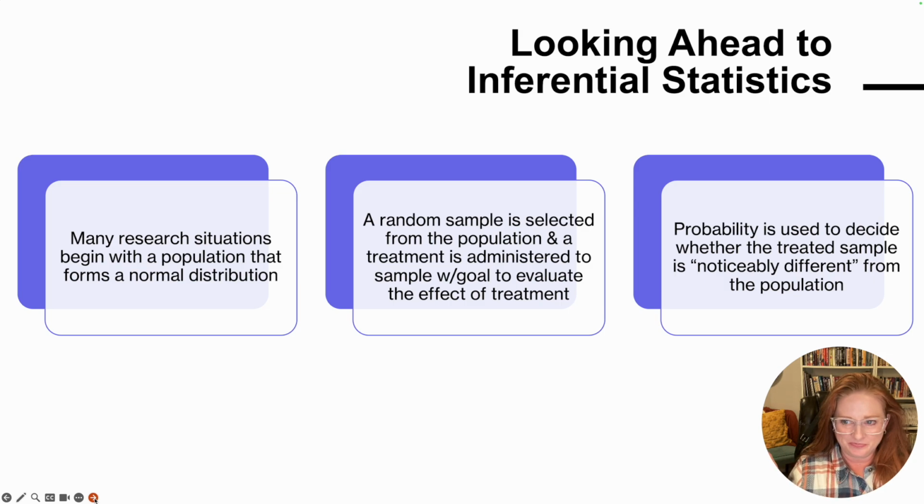We do a study with it. Then we use probability to decide: we did this treatment on a sample and it yielded a result. Was that result noticeably different? If it is, great, let's run it again and see if we can replicate it. And if we can, let's push it back out to the bigger population.